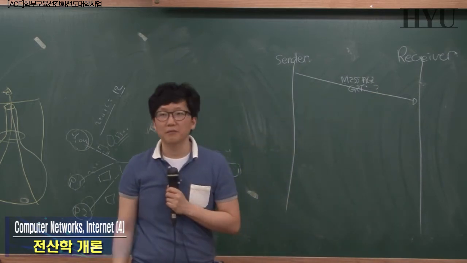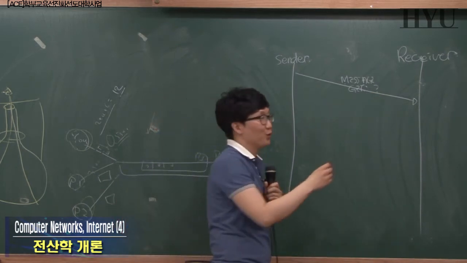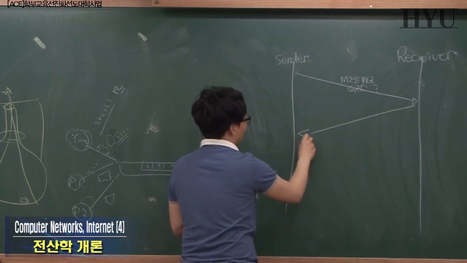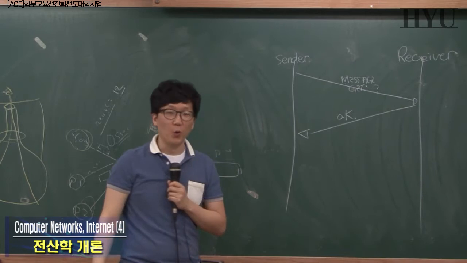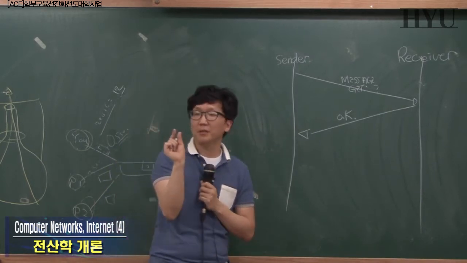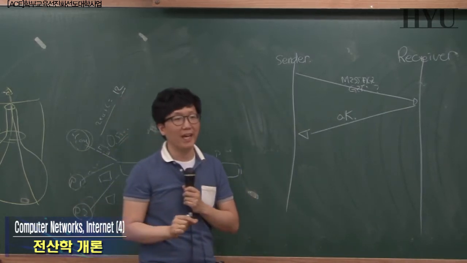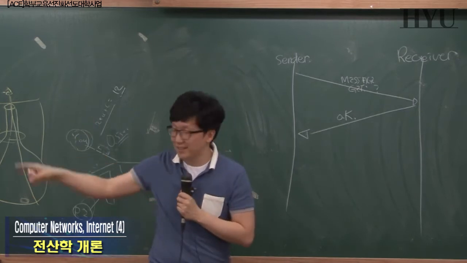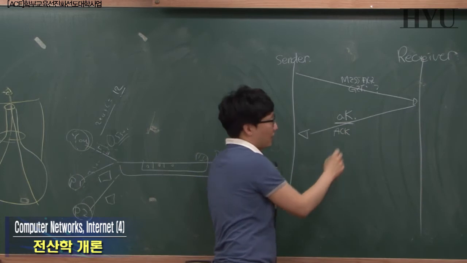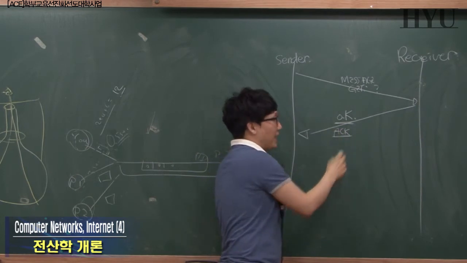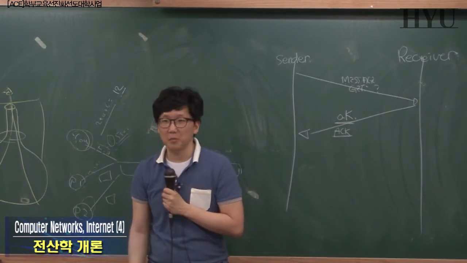When the receiver receives that request, they usually respond with an okay message. They create a very short, small packet saying okay. That's acknowledgement. Okay means acknowledgement. We usually write it as ACK, so it's called acknowledgement packets.